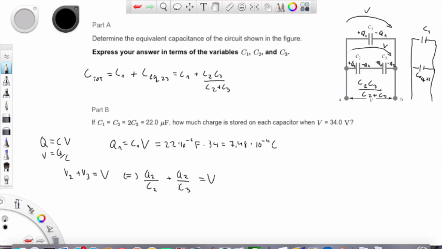Okay, what about C3? Let's put it this way, C2 is twice the capacitance of C3. So instead of having C2 here, we can replace it by saying it's 2 times C3. And now we combine these two terms, so it's Q2 plus 2Q2.